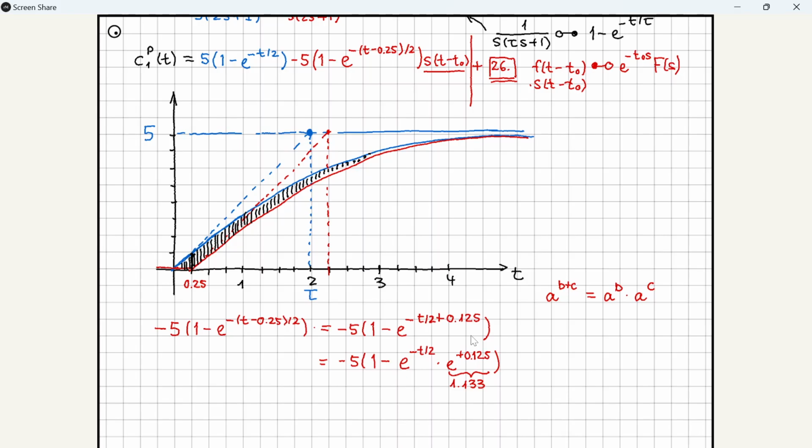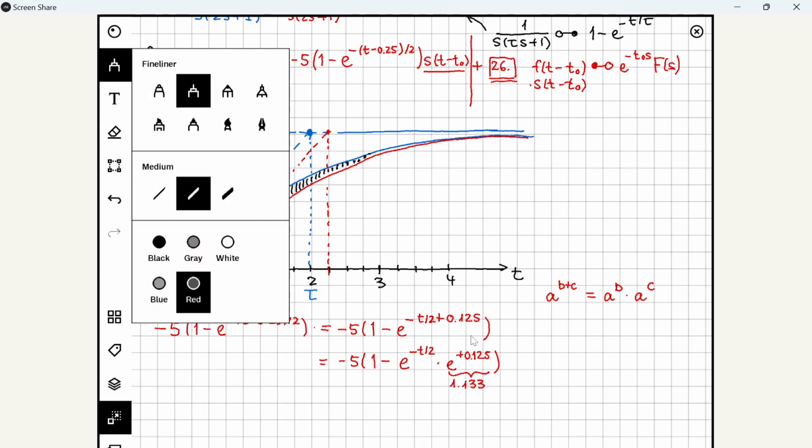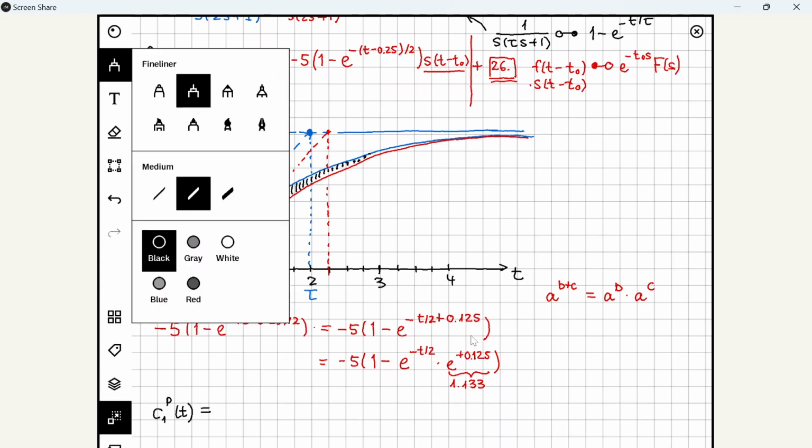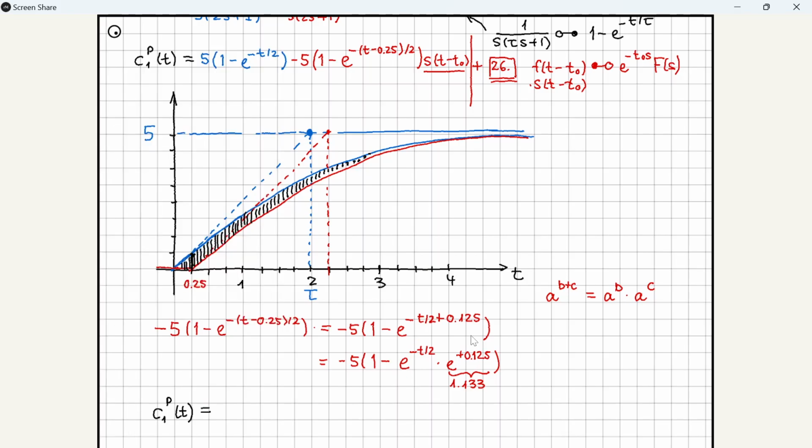And now I can look at C1p of t. Which is the blue term. Let's take the whole 5 out.